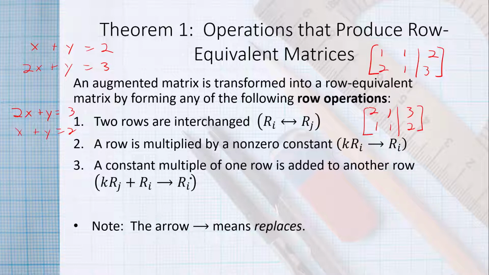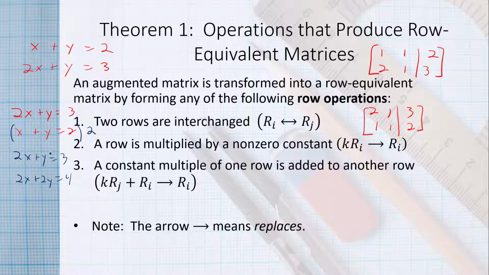There you go. Now, in the previous slide, we mentioned that we could take an equation and multiply it by a non-zero constant, say 2, and that would be an equivalent equation. We would then have 2x plus y is equal to 3, and then we could have 2x plus 2y is equal to 4.